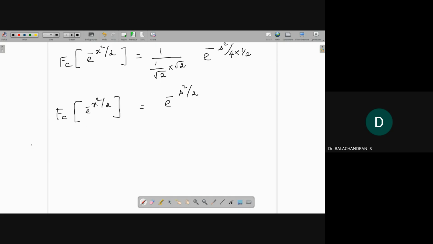So this implies e power minus x square by 2 is self-reciprocal under Fourier cosine transform.